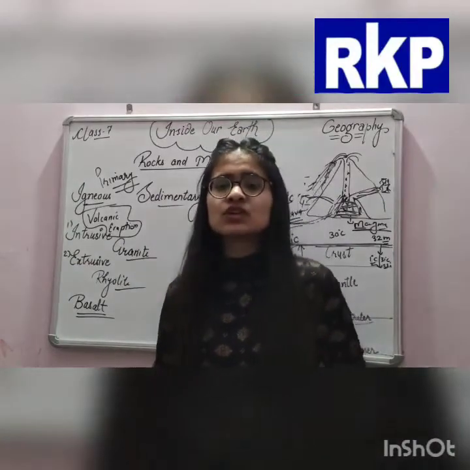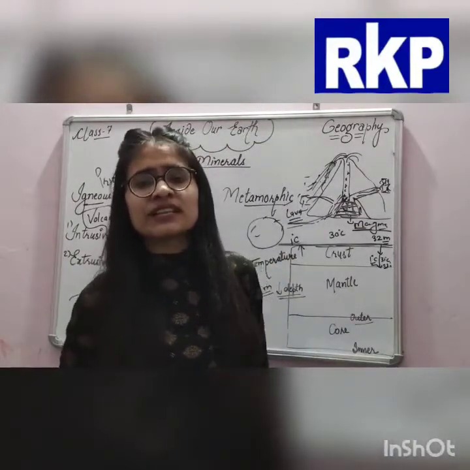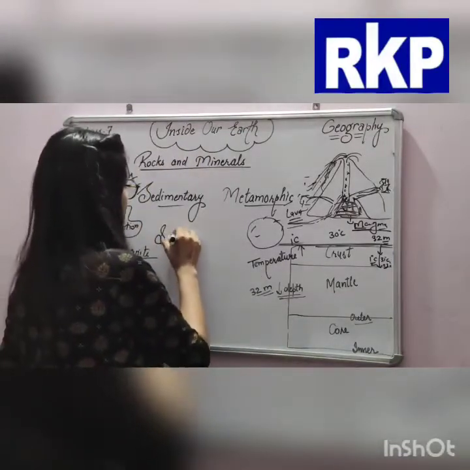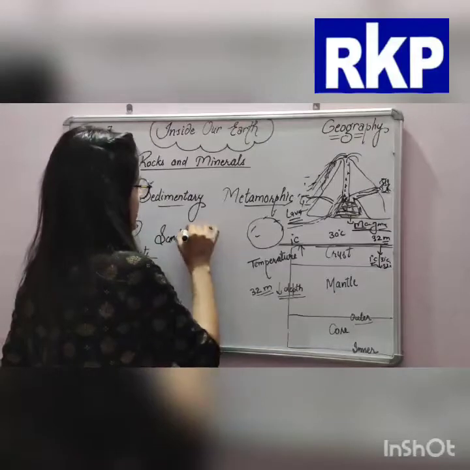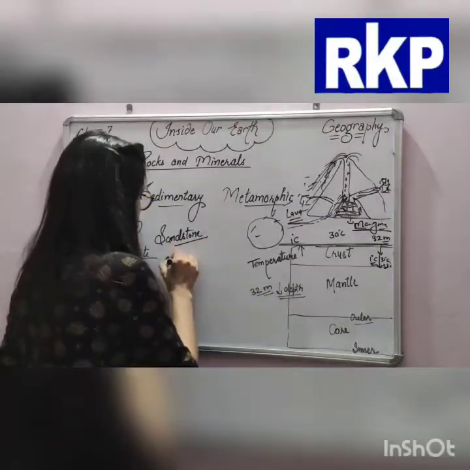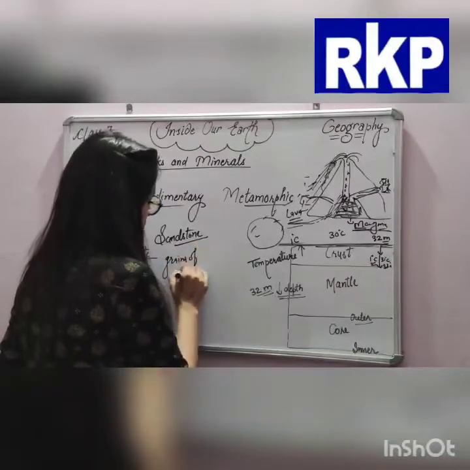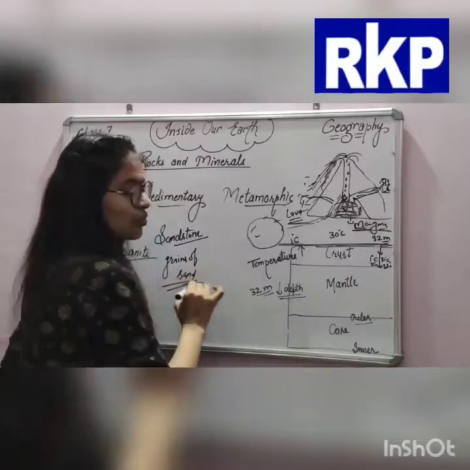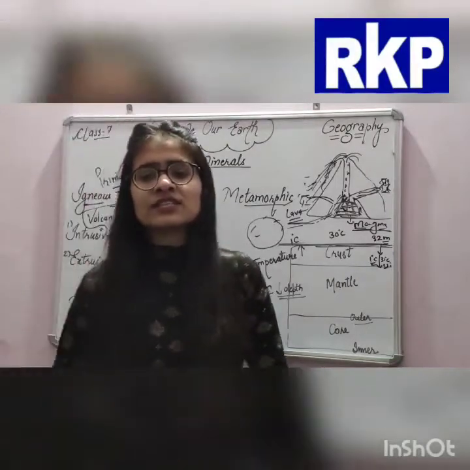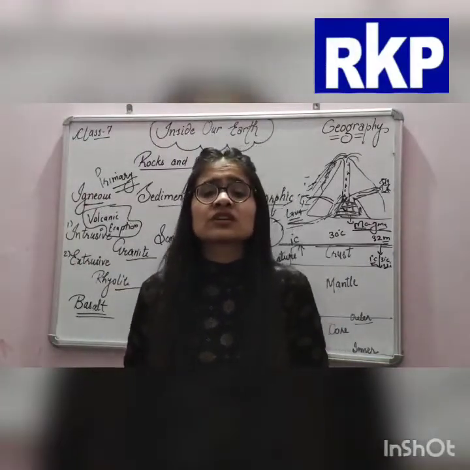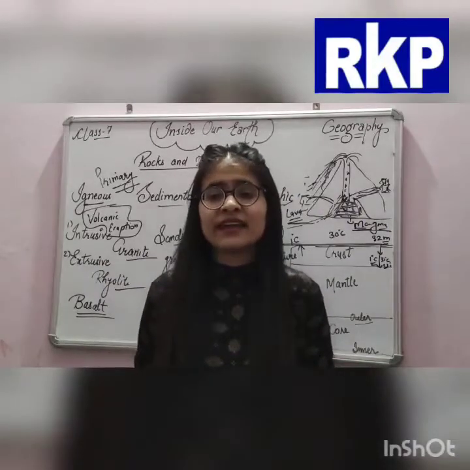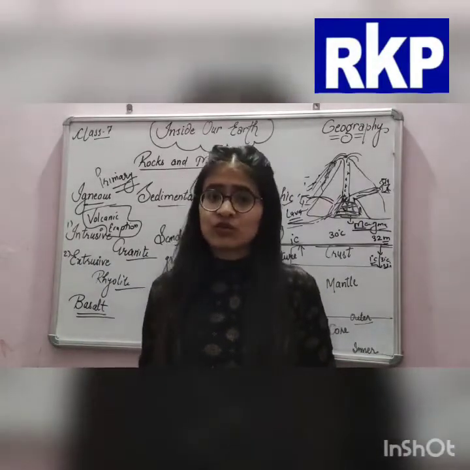Okay. So there is an example, that is sandstone. Sandstone is the example of sedimentary rocks. So sandstone is made from the grains of sand, fine particles of sand. Clear? And these rocks contain fossils of plants, animals and many other microorganisms.